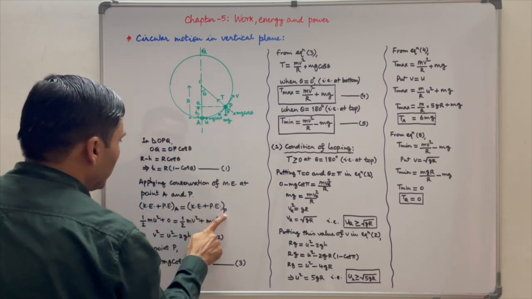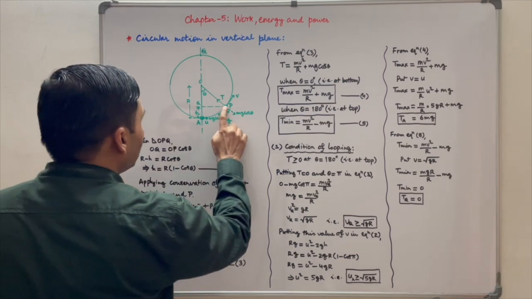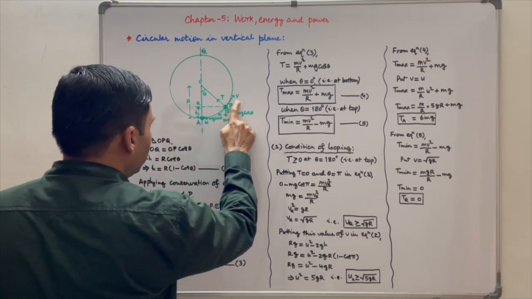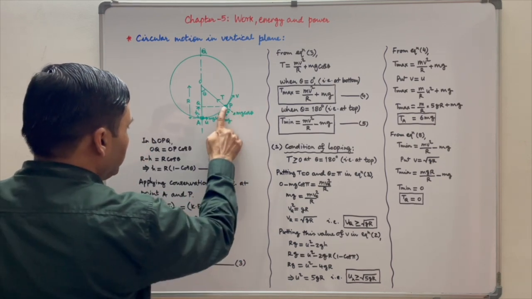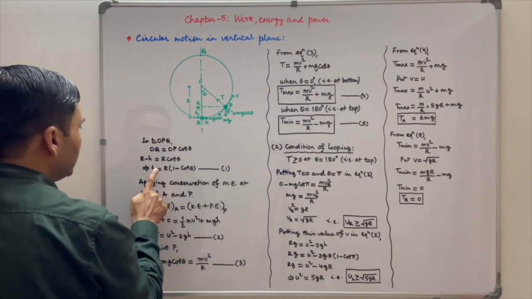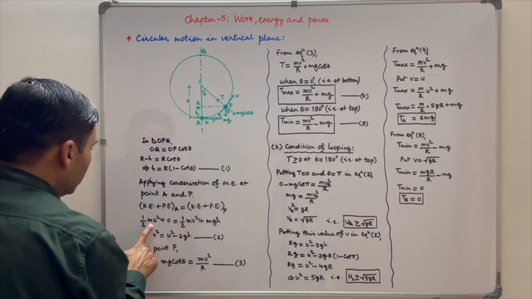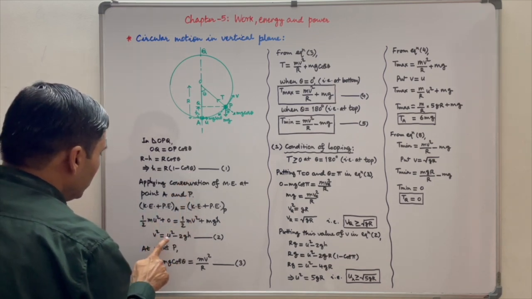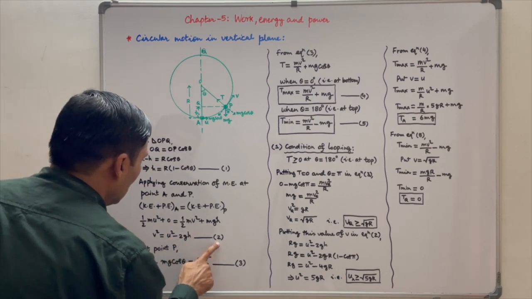Kinetic energy at point P is half mv square. Suppose velocity of the particle at P is v. Potential energy of the particle at point P is mg into h. h we have calculated as r into 1 minus cos theta. From this, we get v square is equal to u square minus 2gh. Suppose this is equation number 2.